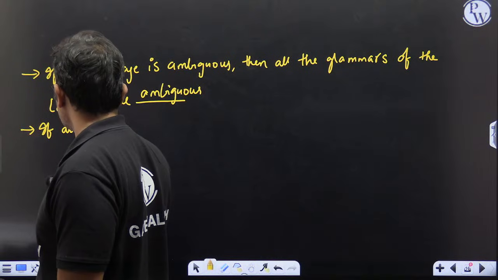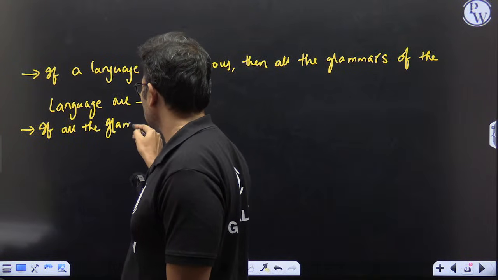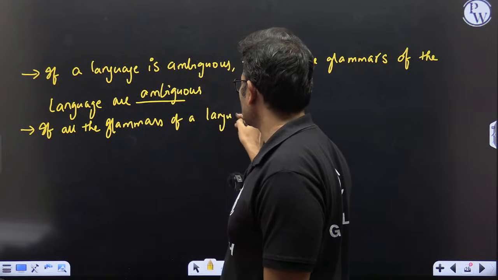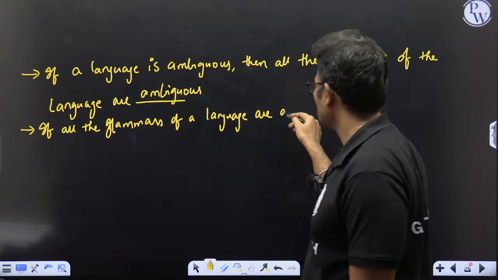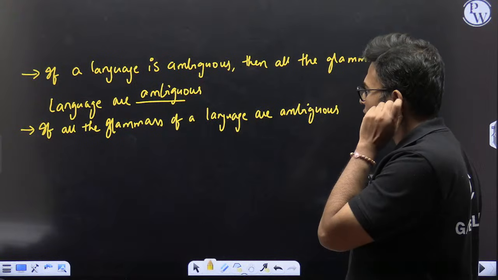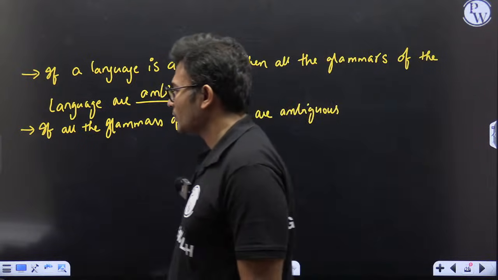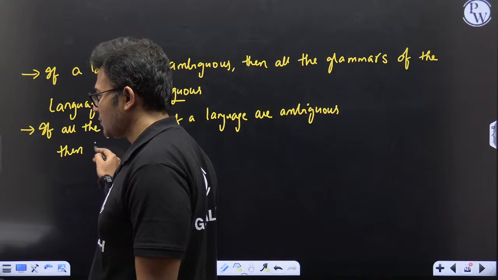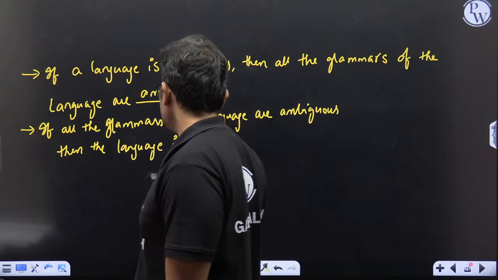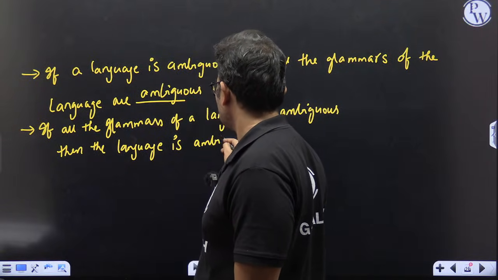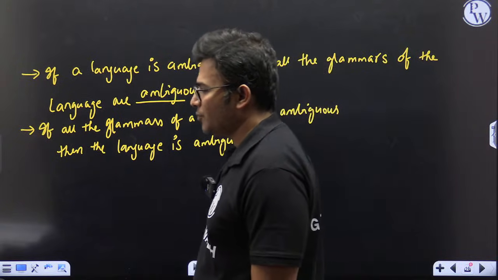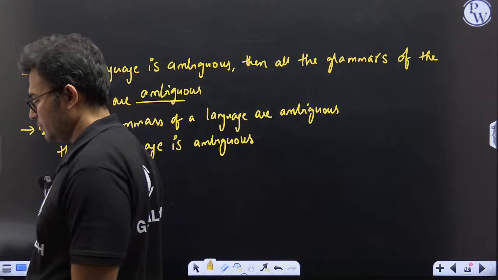If all the grammars of a language are ambiguous, then the language is ambiguous, right?